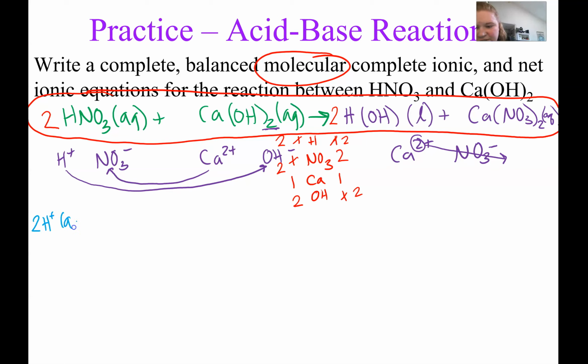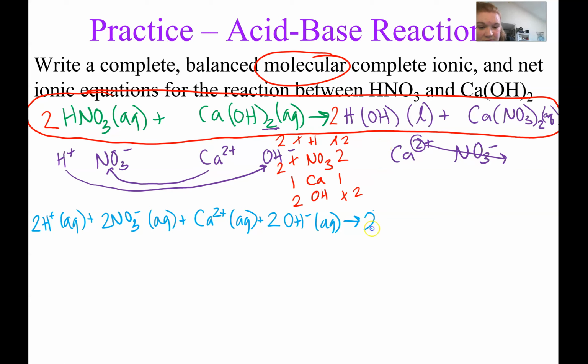So 2 hydrogens, aqueous, 2 nitrates, aqueous, calcium, 2 hydroxides, now that water, it's going to stay together. And 2 calciums and 2 nitrates.